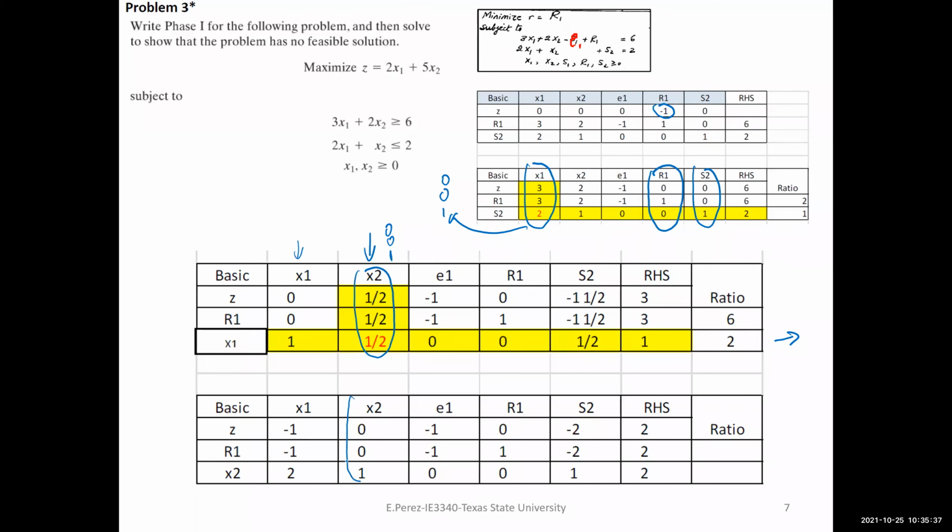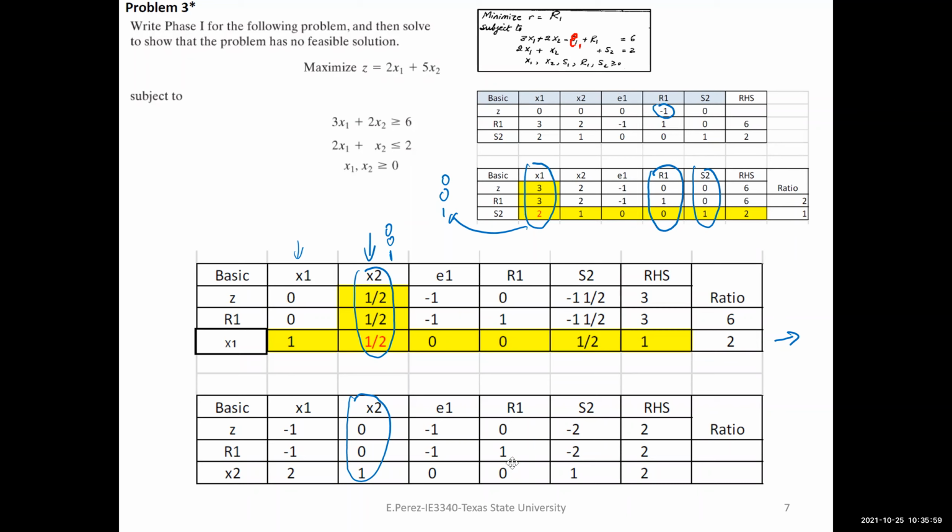After performing that iteration, we check again if we have any positive coefficient in row 0. The answer is no. So this is our last iteration, and this will be the optimal solution for the problem.